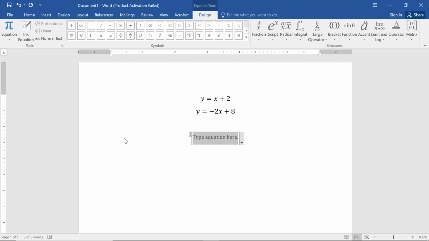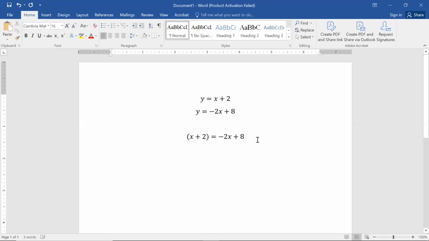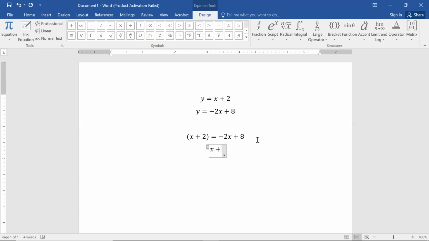All right, so since the first equation is solved for y, I'm going to write down the second equation, and I will replace the y in that second equation with the expression x plus 2, because y is equal to x plus 2 in the first equation. This gives me an equation with one variable. The equation is x plus 2 is equal to negative 2x plus 8.